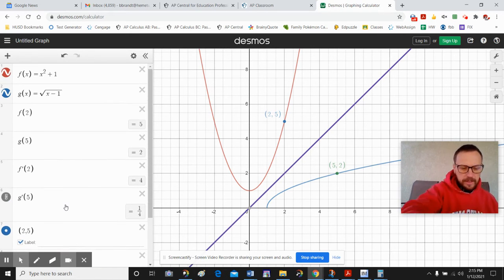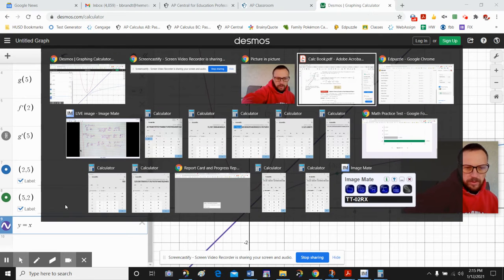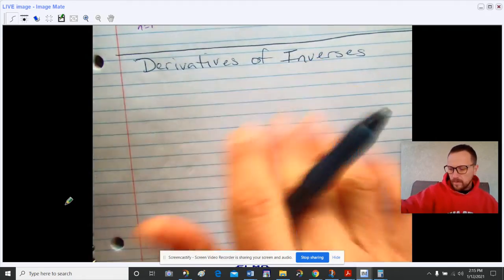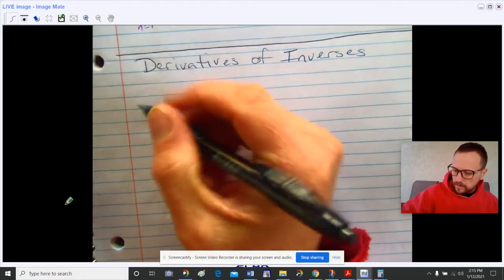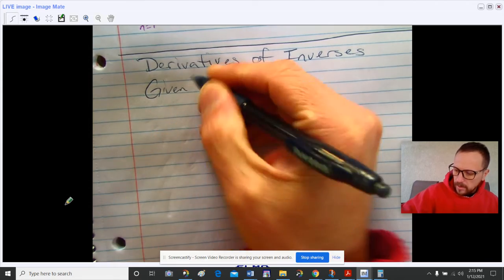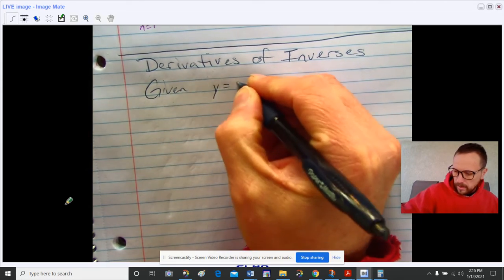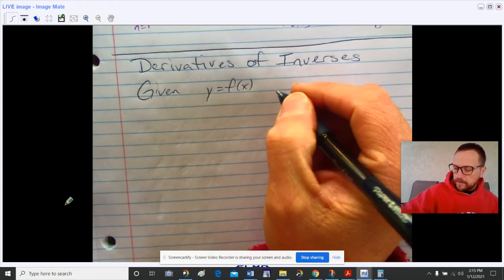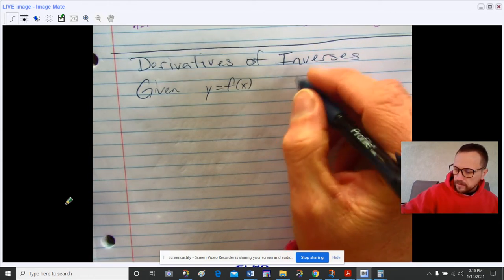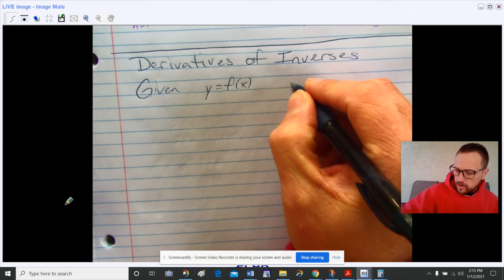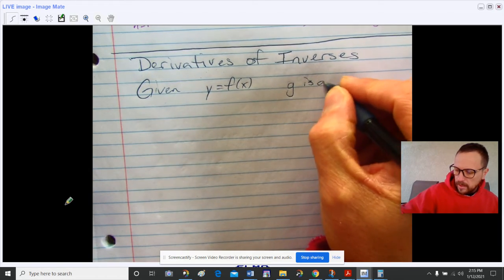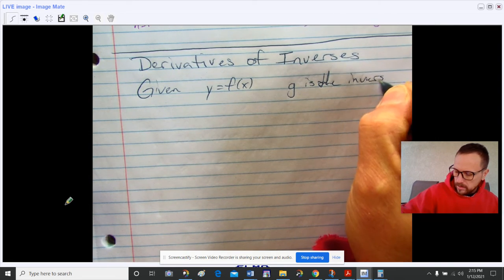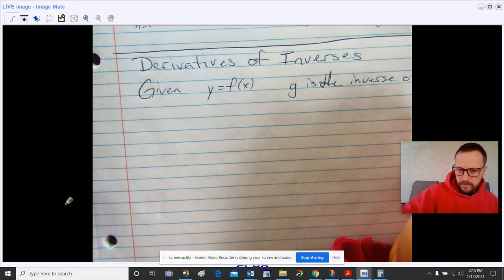All right, so let's take a look at how we would go about handling the derivatives of inverses. You're going to be given y equals a function of x. You might be told that g is the inverse of f.